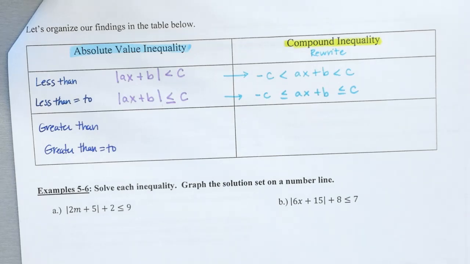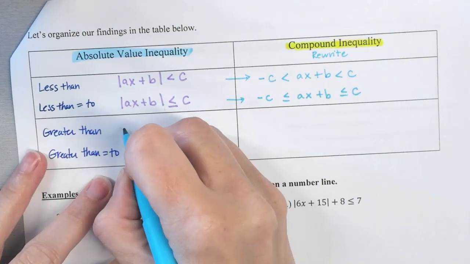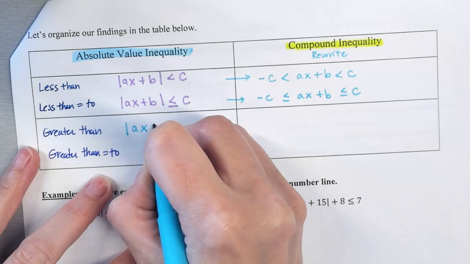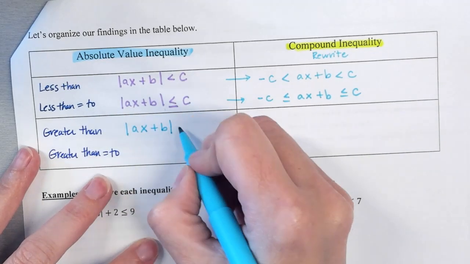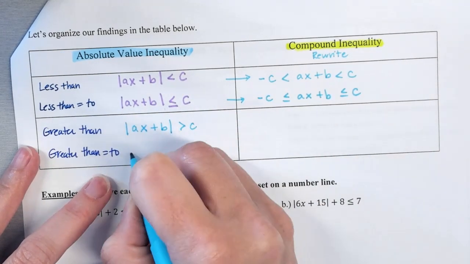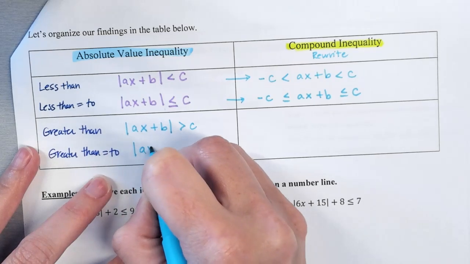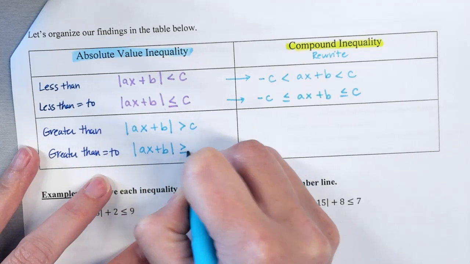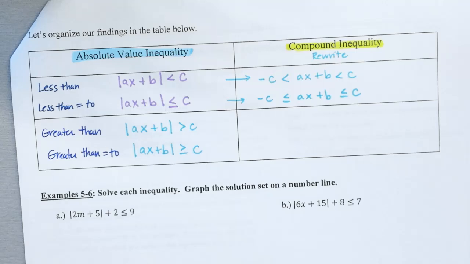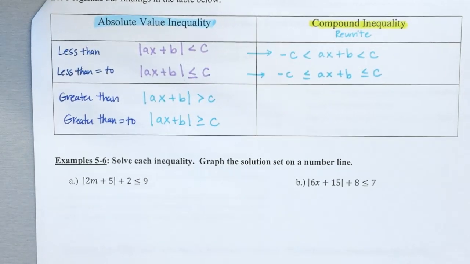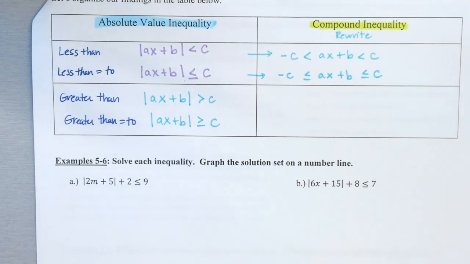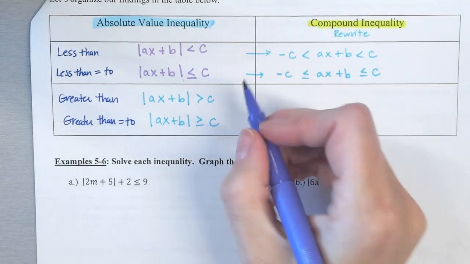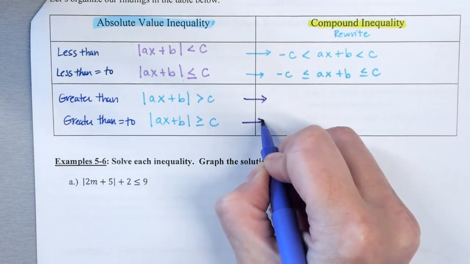Okay, and then for your greater than, you have AX plus B is greater than C. And then this is when you have the "or".